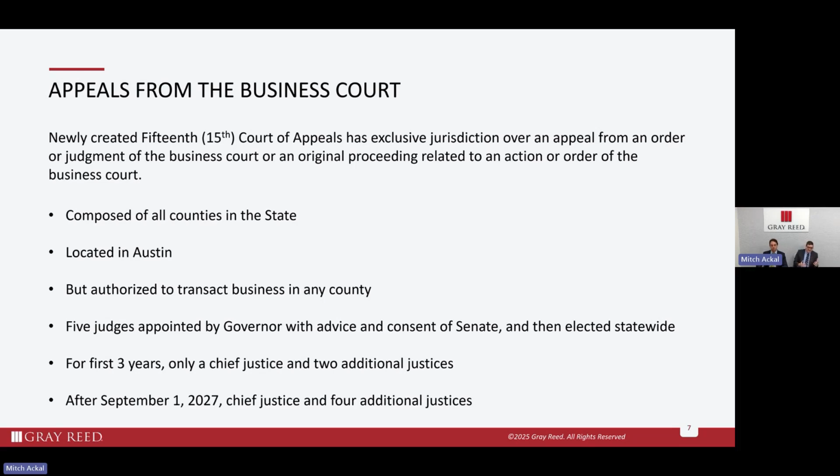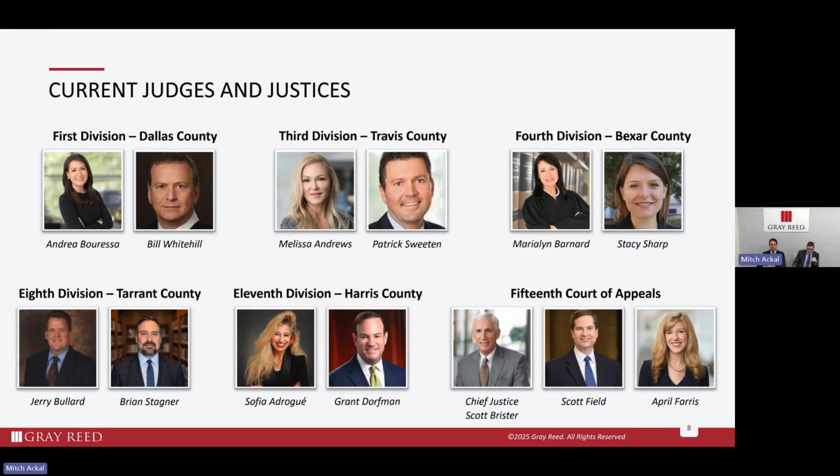So instead of going to the Harris County District Clerk, the Dallas County District Clerk, Research Texas is the depository for filings. And then the Texas Business Court, it has a txcourts.gov website for its opinions. You can just Google Texas Business Court opinions, and they're currently posting their opinions on a txcourts.gov site where you can access those. So that's just a logistical issue.